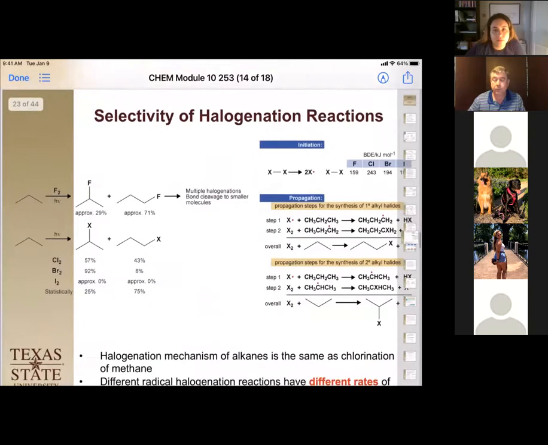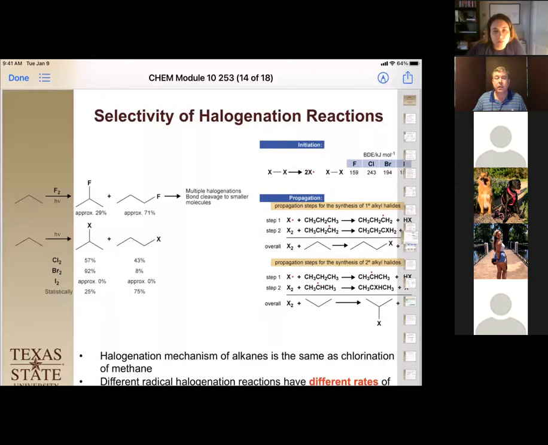Okay, so if we're not talking about nucleophiles here, is there a difference in reactivity between the different halogens? Well, there should be, because they have different bond dissociation energies, and they form different strengths of bonds as they move.